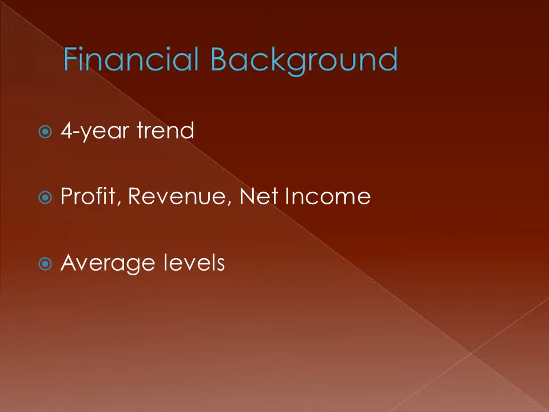This is important because once you find the trend and you find the average level, you can kind of project the future periods either towards that average level if they've fallen below, or try to maintain them above the average levels.